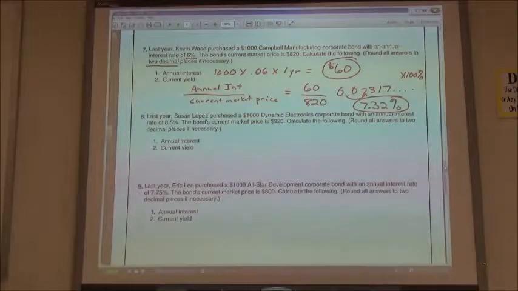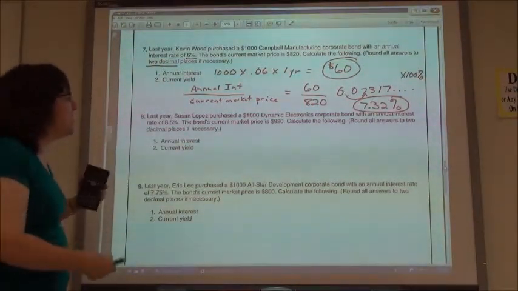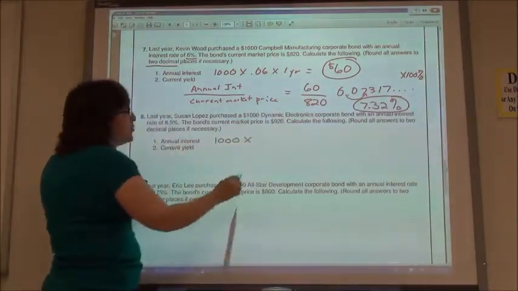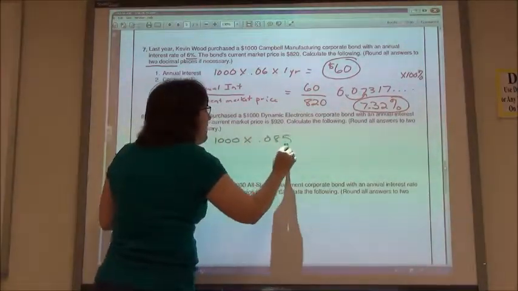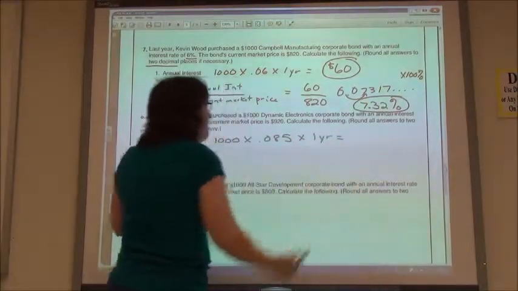Last year, Susan Lopez purchased a $1,000 Dynamic Electronics corporate bond with an annual interest rate of 8.5%. The bond's current market price is $920. Calculate the following, and so the annual interest again. So my annual interest, my face value of $1,000 times my interest rate, so 0.085 for 8.5, and then we're doing annually, so 1 year at a time.